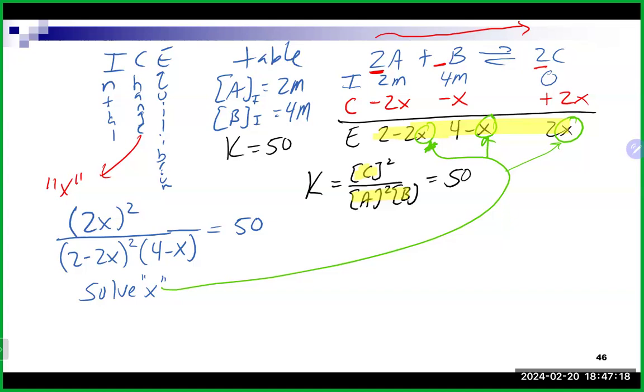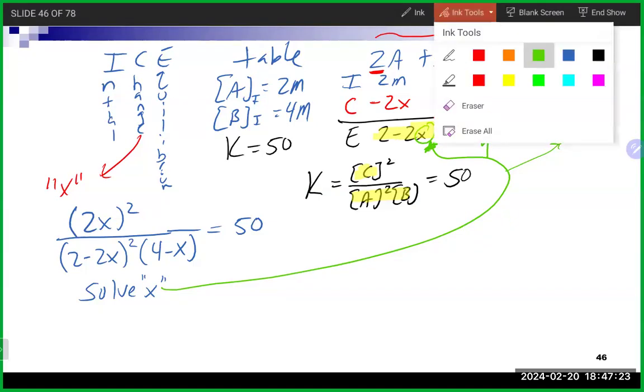Now, how do we do this mathematically? Let's talk about some math that we might use.